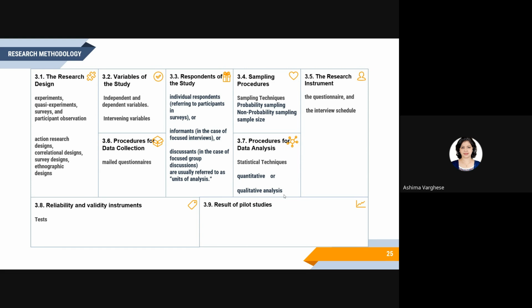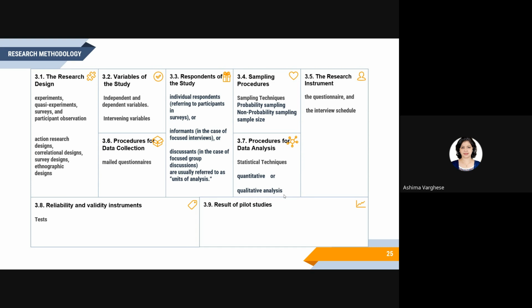All you need to understand is that you can manipulate this in non-experimental research. Independent variables can presumably be manipulated, but there are dependent variables as well.